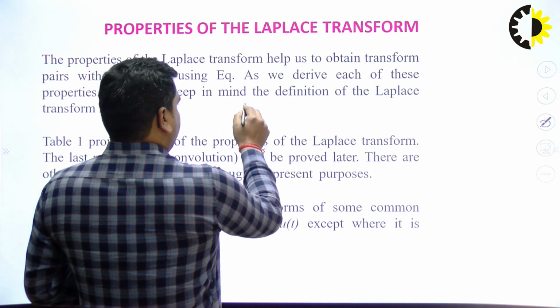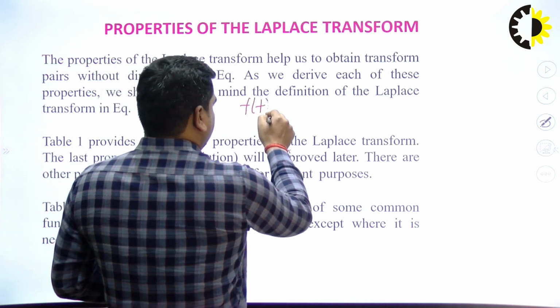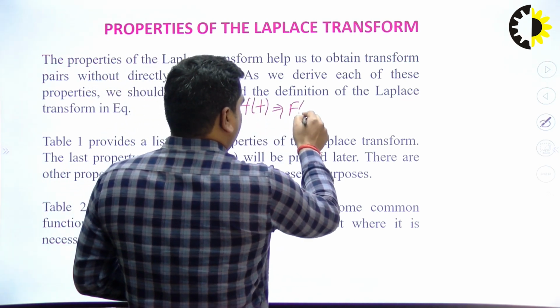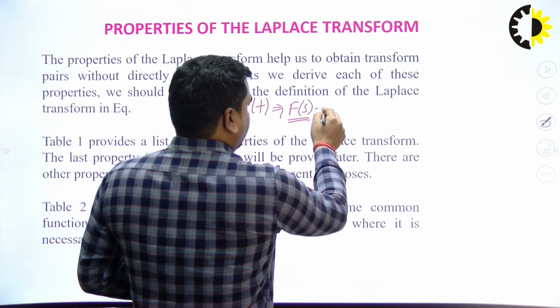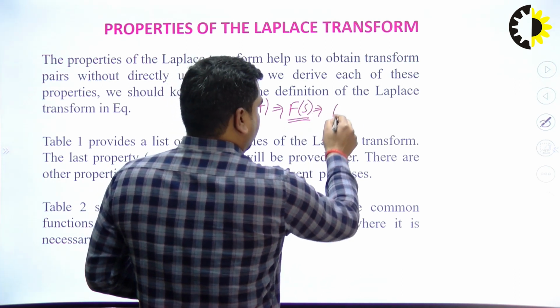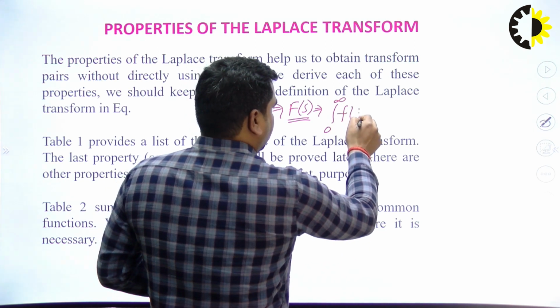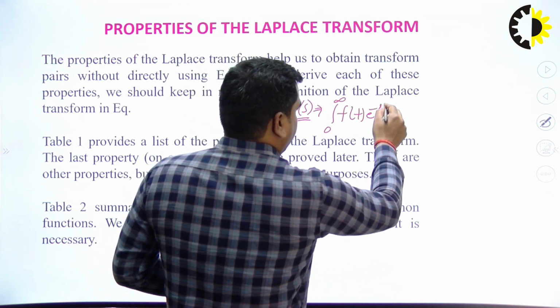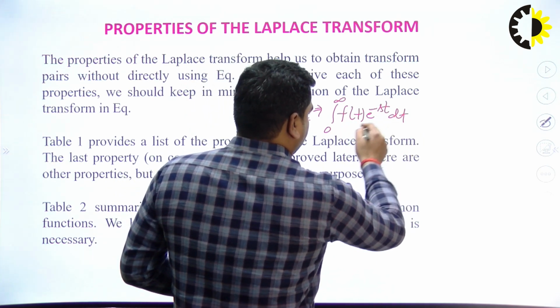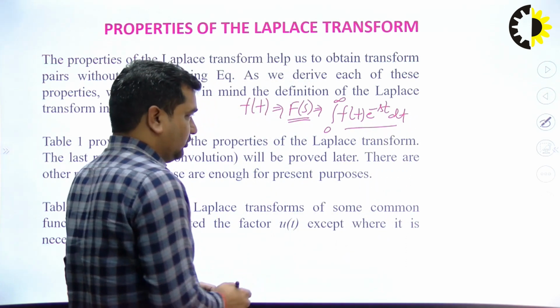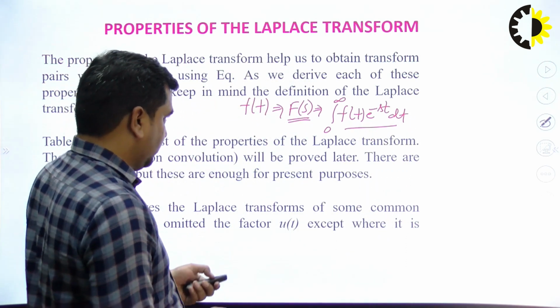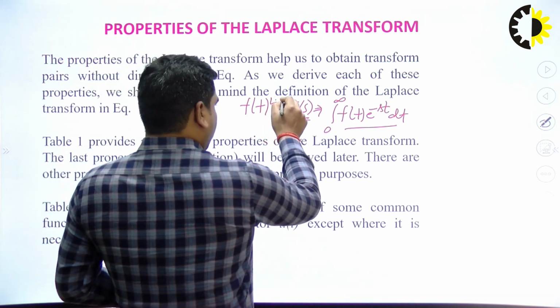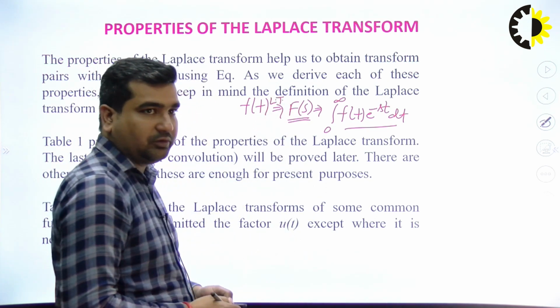If we have a function f(t), then we have the transform F(s), that is the integral from 0 to infinity of f(t) e to the power minus st dt. We have a function f(t) and we want to convert it into the frequency domain.